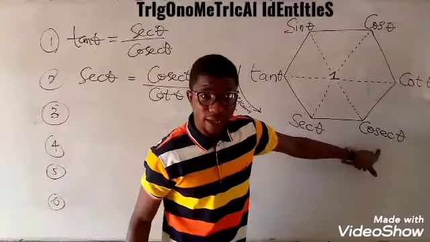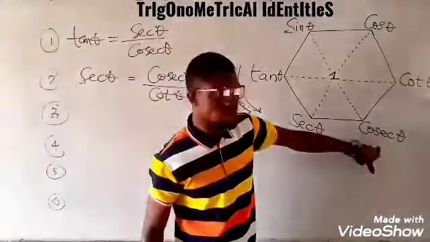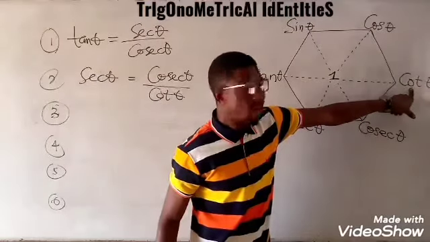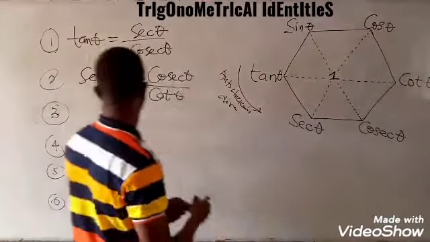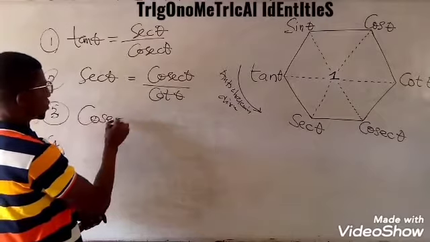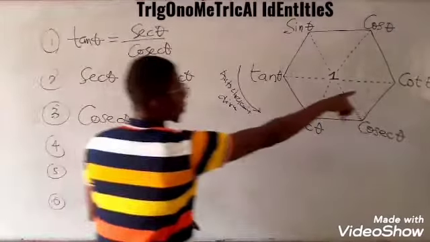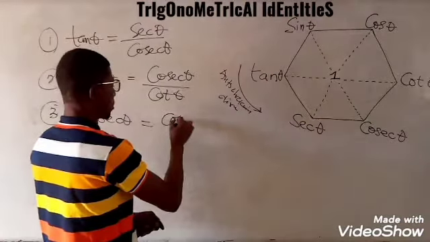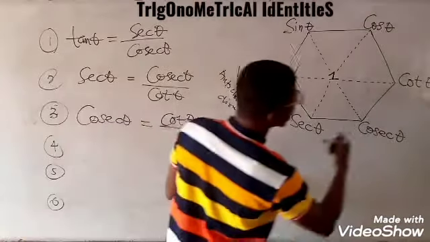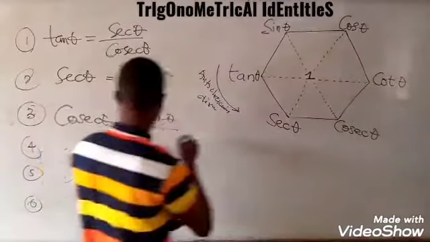Now we look at cosec theta. Cosec theta equals cot theta divided by cos theta.